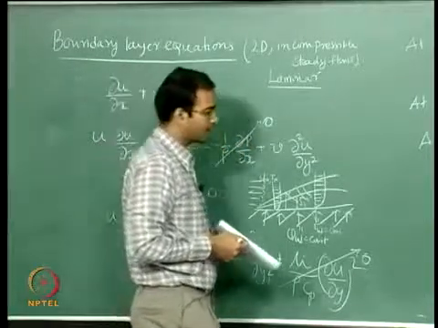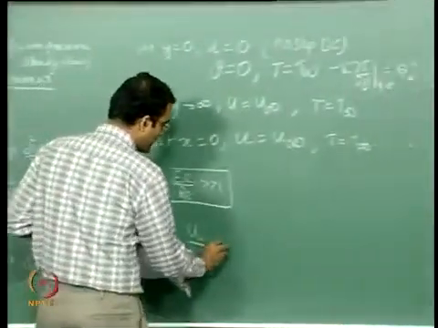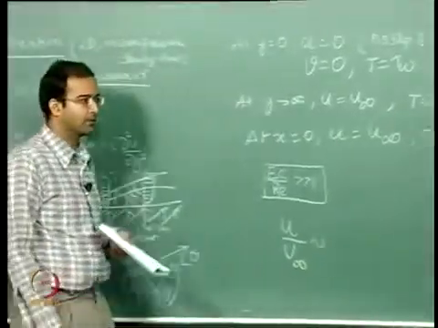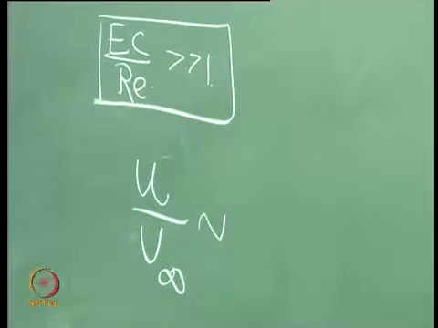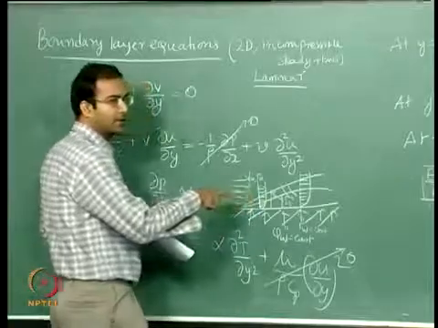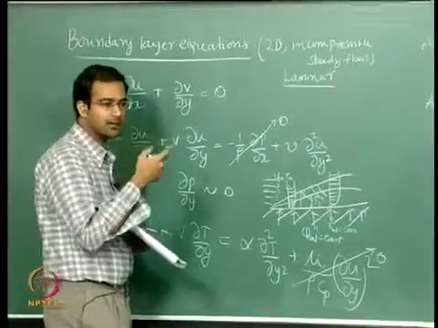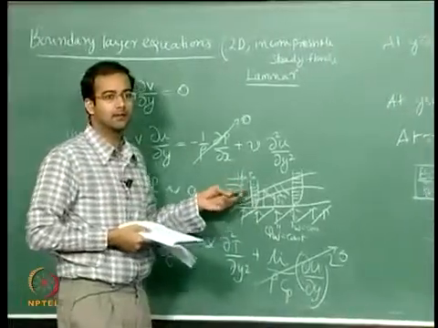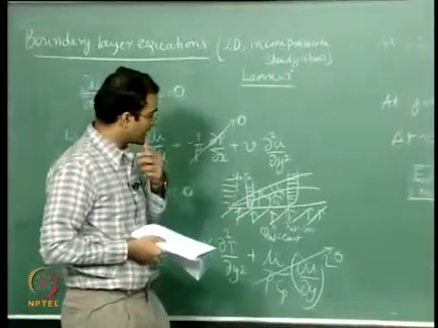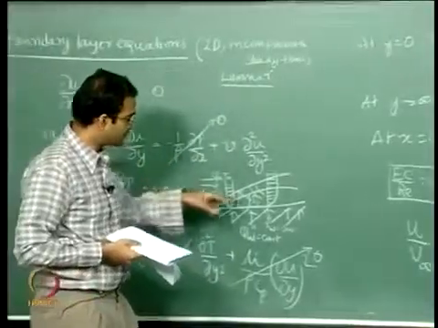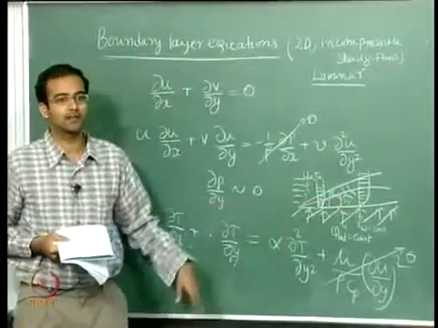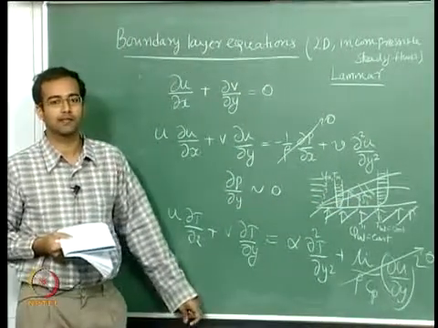So u by u infinity should be some function of some variables. It is a function of two variables, x and y. Now delta, the boundary layer thickness, is also clearly a function of x.